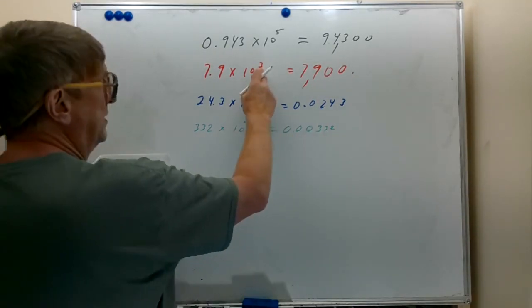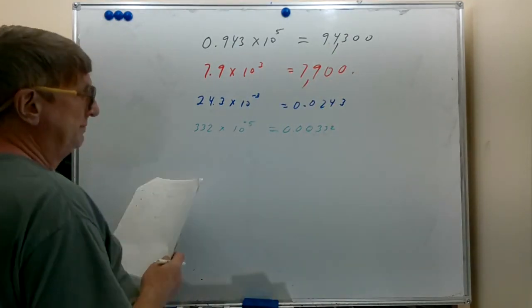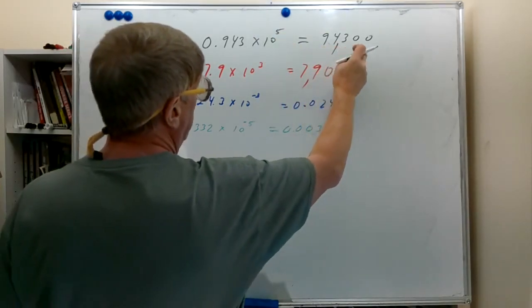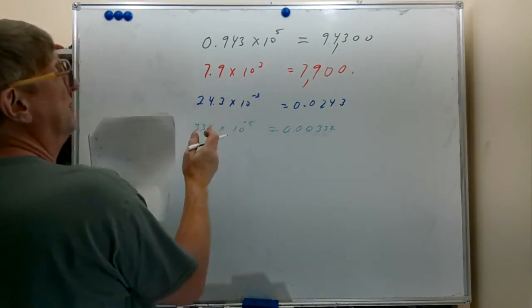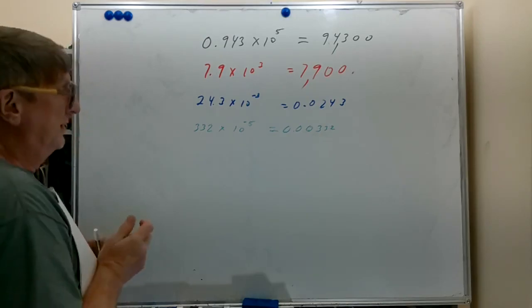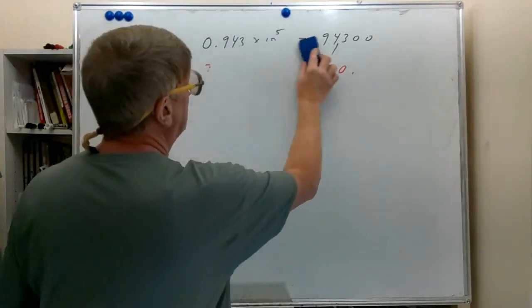We got rid of the positive 3, we moved our decimal place 5 to the right. We got rid of the positive 5, we moved our decimal place 5 to the right. We got rid of the negative 3, we moved our decimal place 5 to the left. This keeps everything in balance, the numbers still have the same meaning. And we're not lying when we put the equal sign in there.